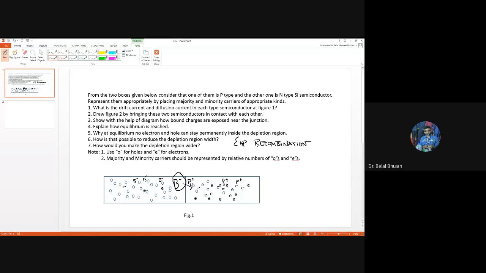And we learned that EHP recombination leads to the disappearance of both the electron and the hole from the scene.